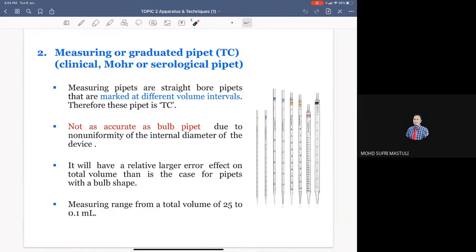This kind of pipette has markings at different volume intervals. That's why we use it for TC, to contain. However, this graduated pipette is not as accurate as the bulb pipette. It can have a larger error effect on the total volume.